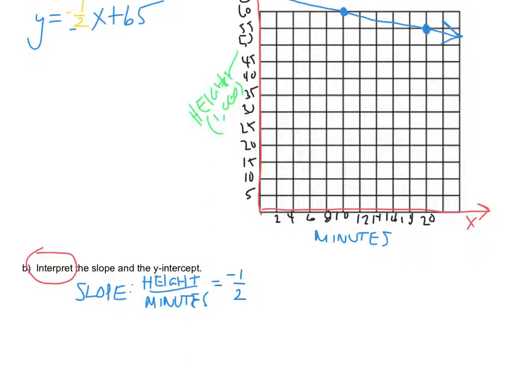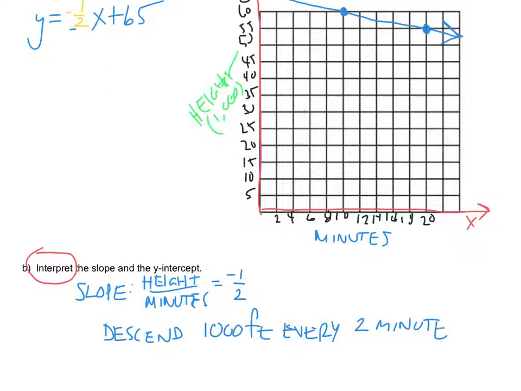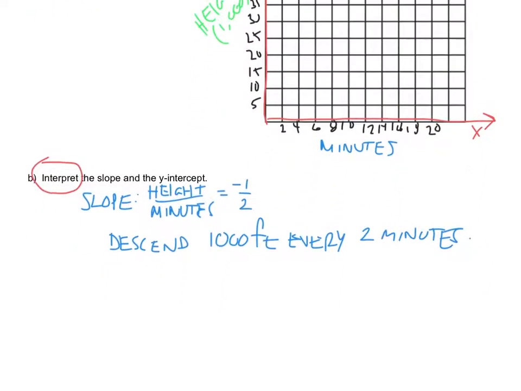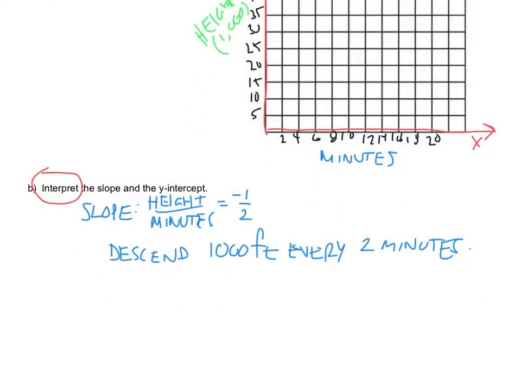So we can write this in two ways. So the slope, what does it mean? That means we descend, or go down, 1,000 feet every 2 minutes. Or I could even change that a little bit better.